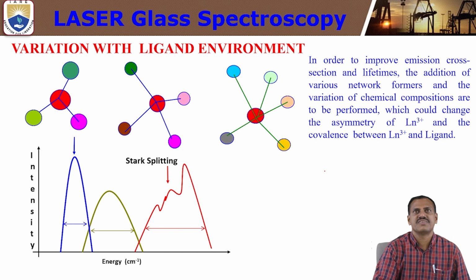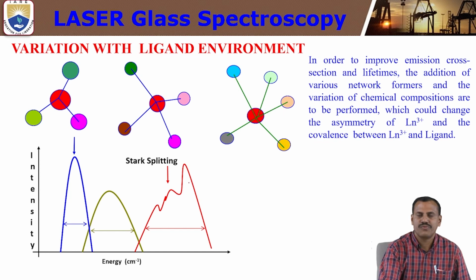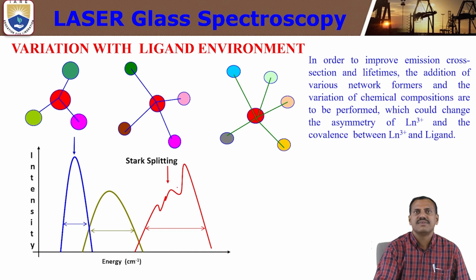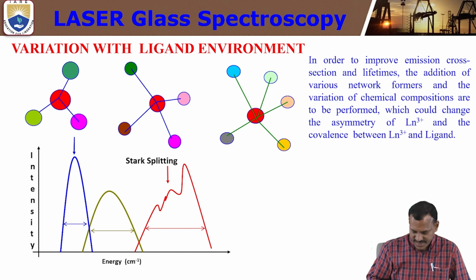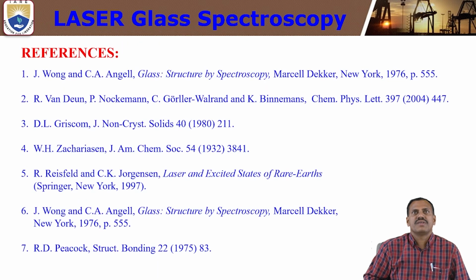That is the variation with ligand environment. Whenever additional ligands are added to the lanthanide ions, the emission splits into more peaks. Here see 1, 2, 3, 4 Stark splitting. That is mainly because of adding ligands into the lanthanide ions. So these are the variations with ligand environment.